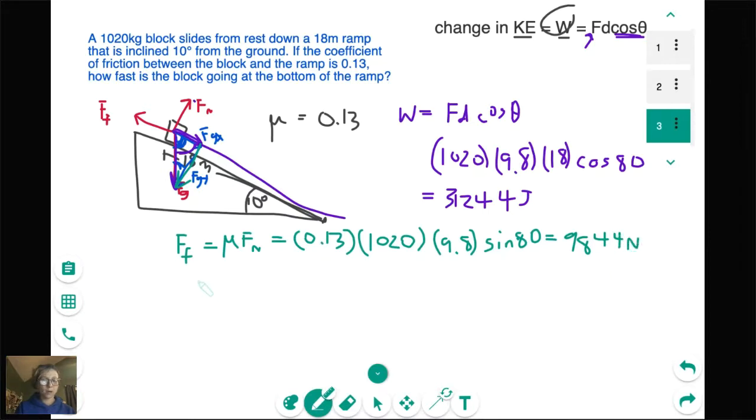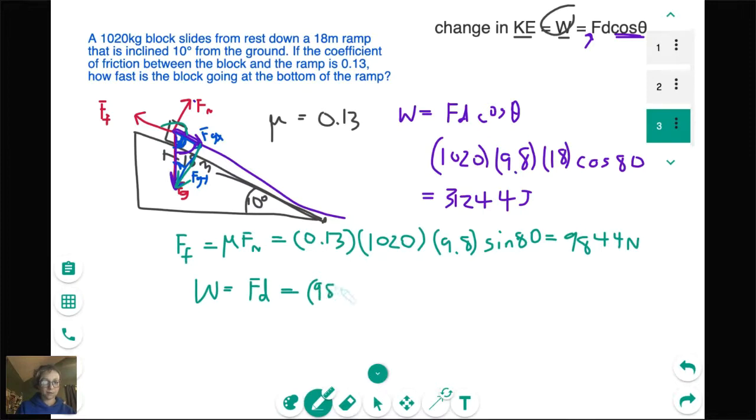So if I want to find the work done by that, work is going to be equal to F times D times the cosine of theta. And in this case, theta is 180 degrees, right? The angle between the force of friction and the displacement of the box is 180 degrees. So the cosine of that is just -1. So I can just multiply this force times 18, and then remember to stick a negative sign in front of it.